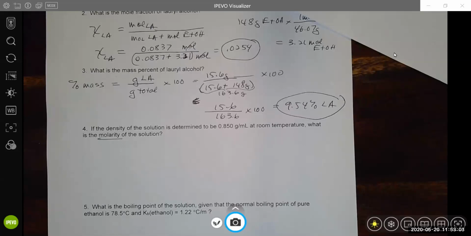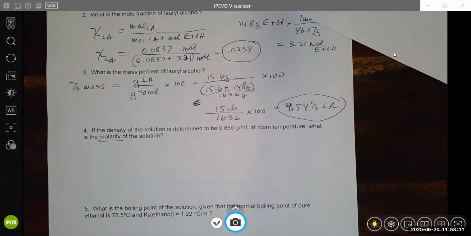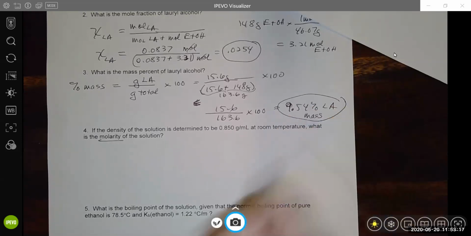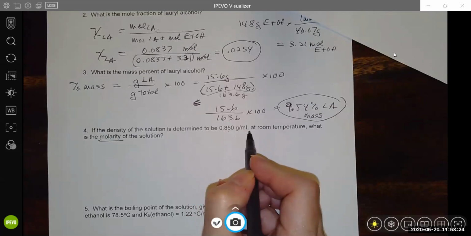So when you're given mass data, or sometimes you're just given a mass percent, whether you're given the masses, the grams themselves, or the percentage by mass, in order to get to molarity, you need a density, because density converts grams and milliliters.